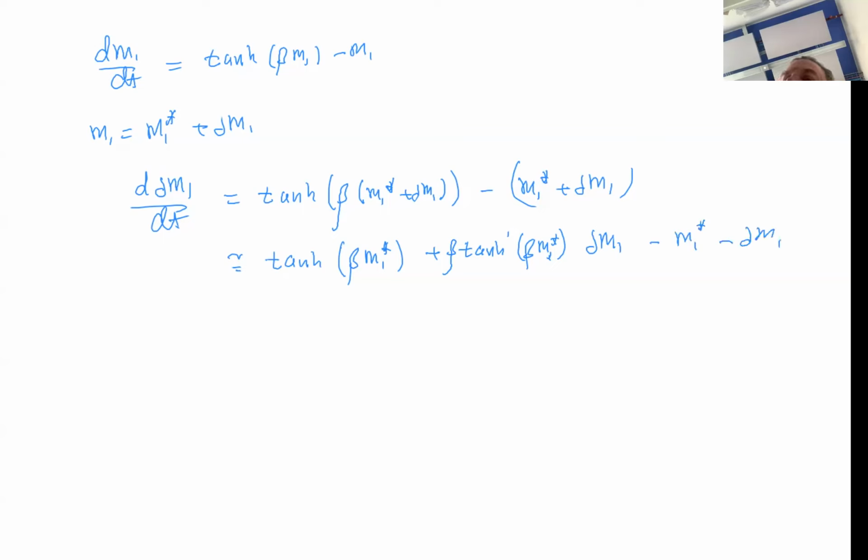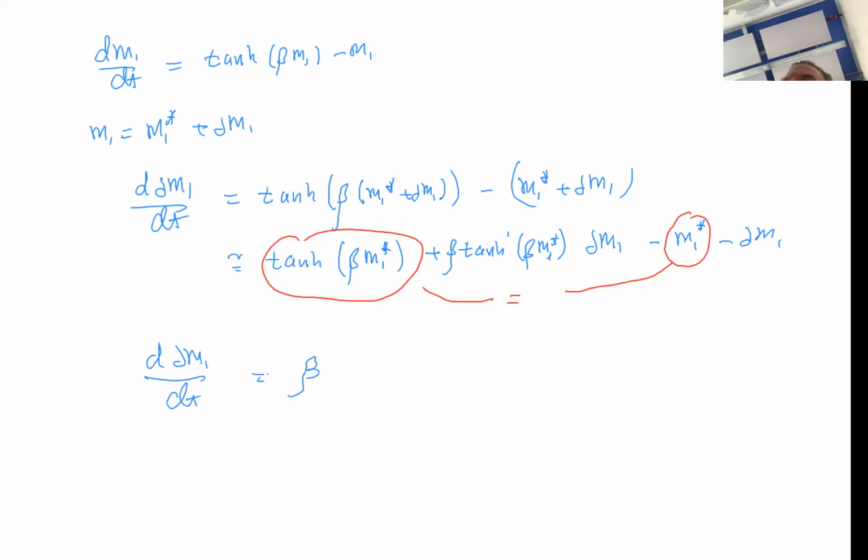And because this is the fixed point, these are equal, so they go away. And we get d delta m1 dt equals beta, derivative of tangent, it doesn't really matter, cosh squared beta m1 star, minus 1, times delta m1.